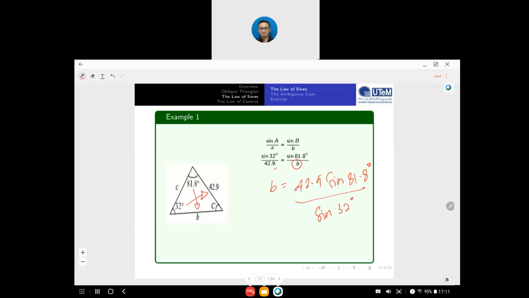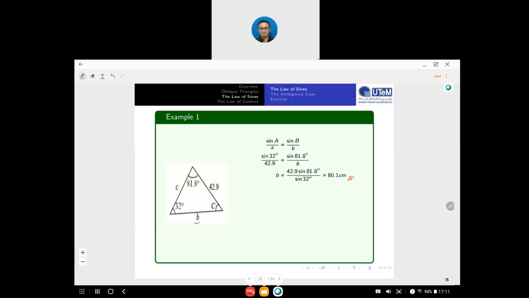Make sure when you use the calculator, it must be in degree mode because your angle here is in degrees, not radians. So when you press the calculator, you can get B equal to 80.1 cm.